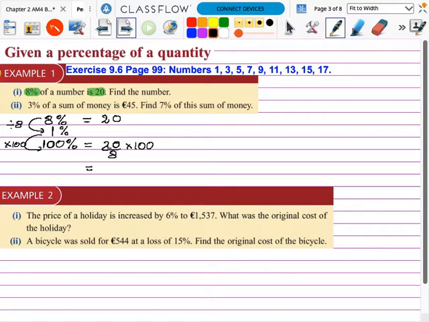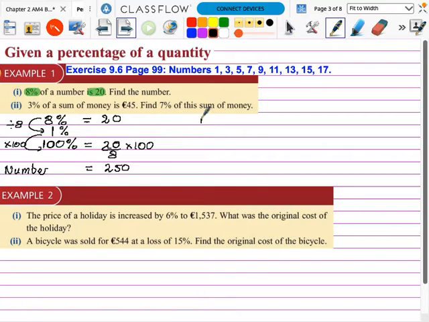And I make the answer, pause, double check, make sure you got it right, 250. So the number equals 250. And that's the end of part 1.